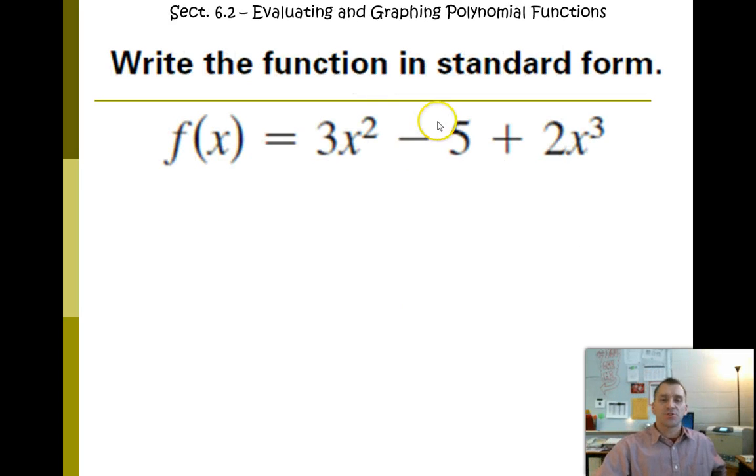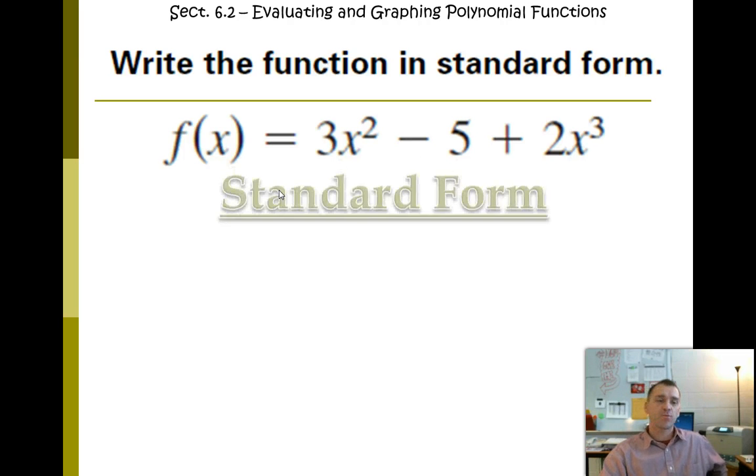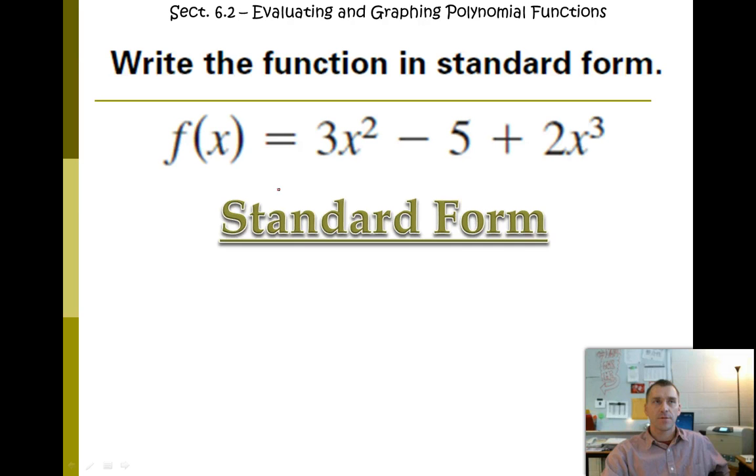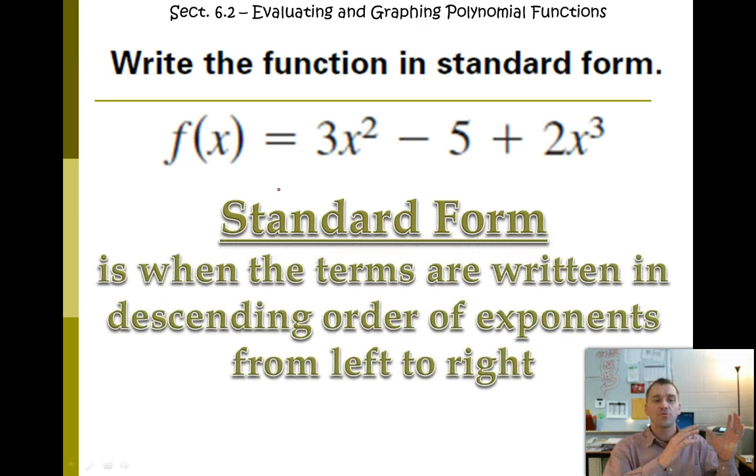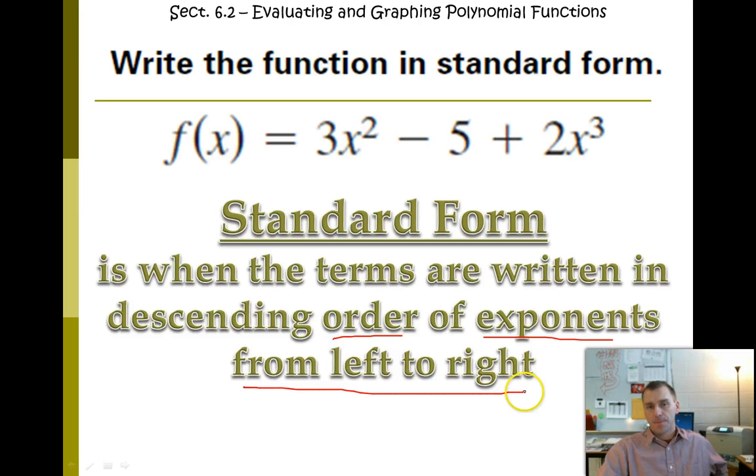And last thing, when you're asked to do this, which you're going to, when you're asked to write something in standard form of a polynomial function, it is when you actually take the polynomial and you write it, as you see, when the terms are in descending order of exponents from left to right.